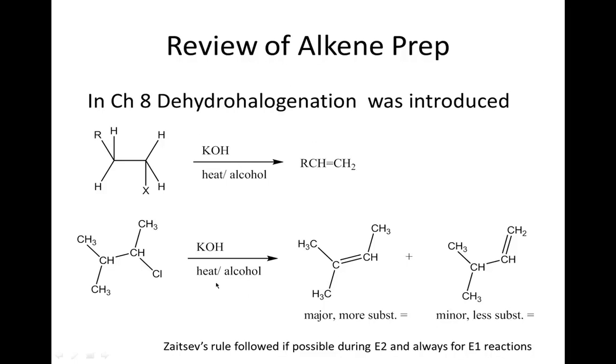Now, it turns out this reaction is actually E2, but either one of these positions can get the right geometry, which is the anti-periplanar geometry, for the E2 elimination. So this is the right answer in any respect. Whether you worry about the mechanism or not, the major product is going to be the more substituted, or what we call Zaitsev's product.